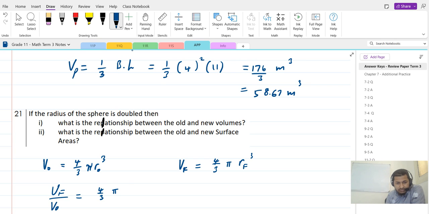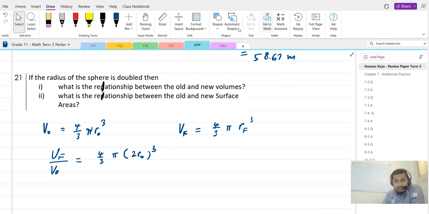If the radius is doubled, it's going to be 2 R naught cubed, divided by 4 over 3 pi R naught cubed. So what's the relationship?